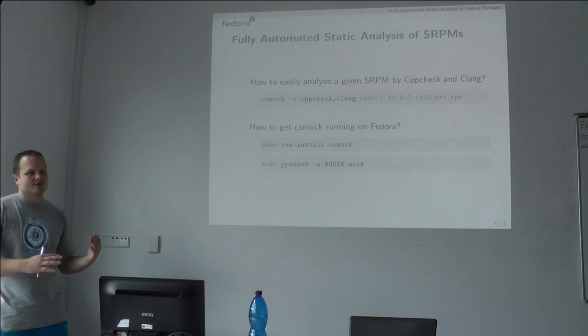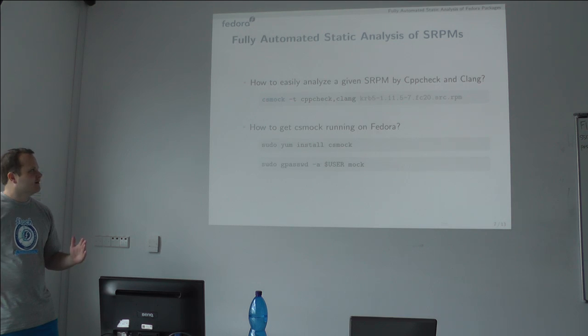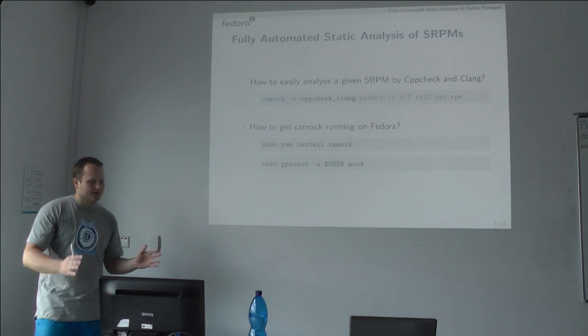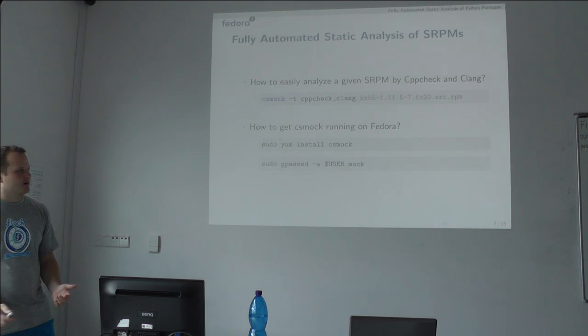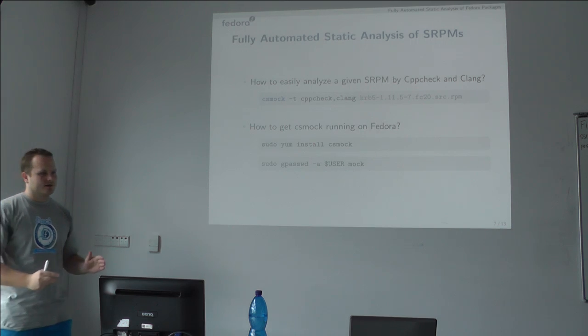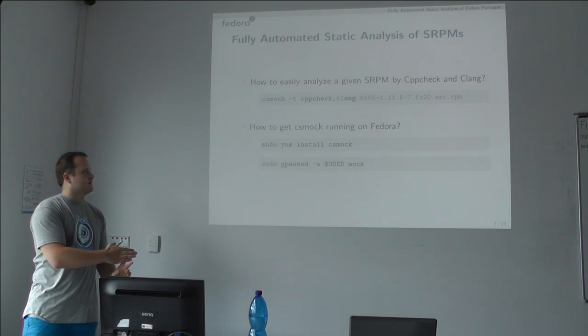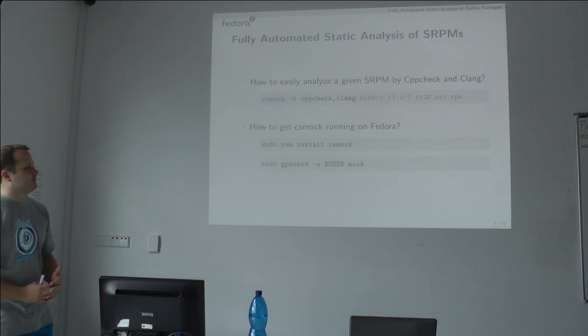You just give it the source RPM and a list of analyzers to use. The analyzers I spoke about are of course covered. So in this case, we can just say take this Kerberos source RPM and run it through Cppcheck and Clang and give us the results in some unified form.